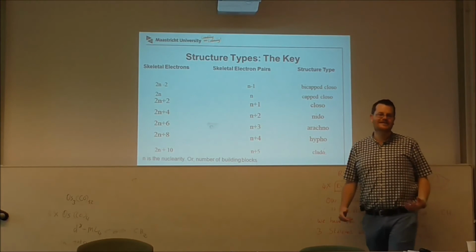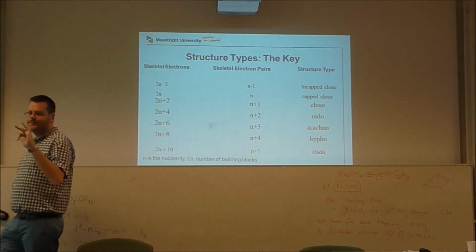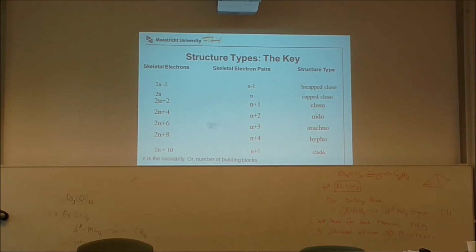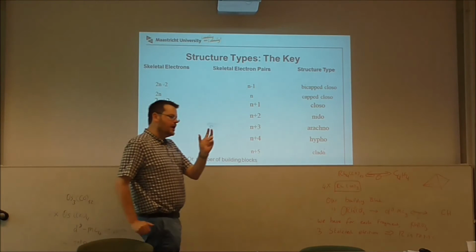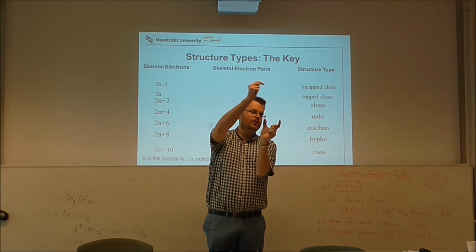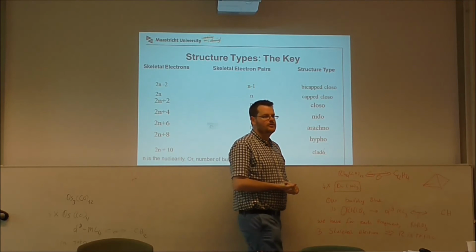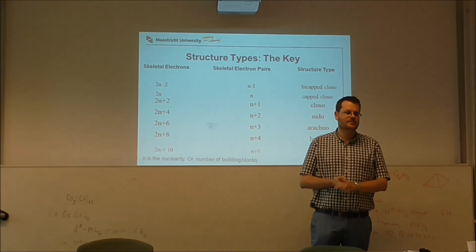Now that doesn't make much sense, right? Because it's a trinuclear cluster. But the way to think about it is that for that family, the closo structure would be just 2 points, and if I add a third point to that you get capped closo.